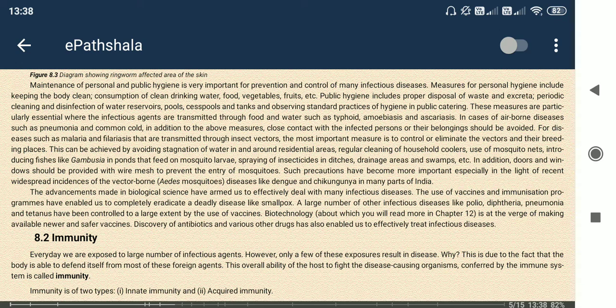Now, coming to acquired immunity. Acquired immunity is actually made after birth, whereas innate immunity is there from birth itself, in various organs or tissue systems that can act against foreign microorganisms or macromolecules.